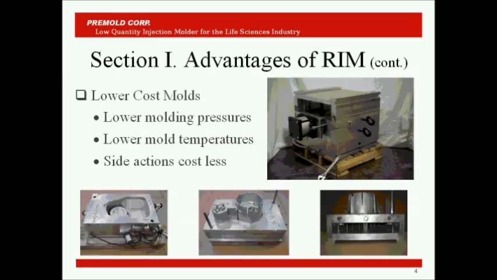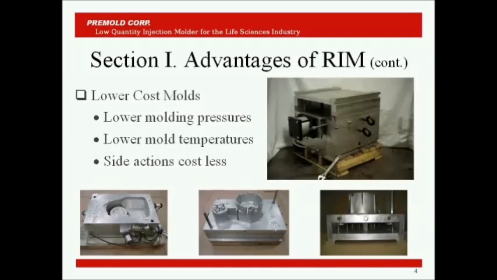Another advantage of the RIM process is low-cost production tooling. Because reaction injection molding is a low-pressure, low-temperature process, the production tooling is made from basic-grade aluminum. Therefore, the tooling material is much less expensive and machining time is faster.